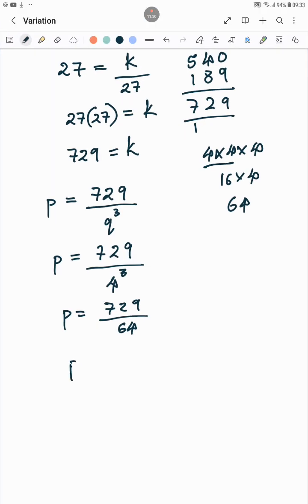So we say P is equal to 11.39, which is approximately 11.4 to three significant figures. Okay, so that's all I had for you in today's lesson.